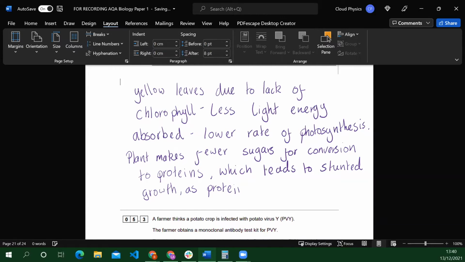Plants and animals really, but protein is needed for growth.